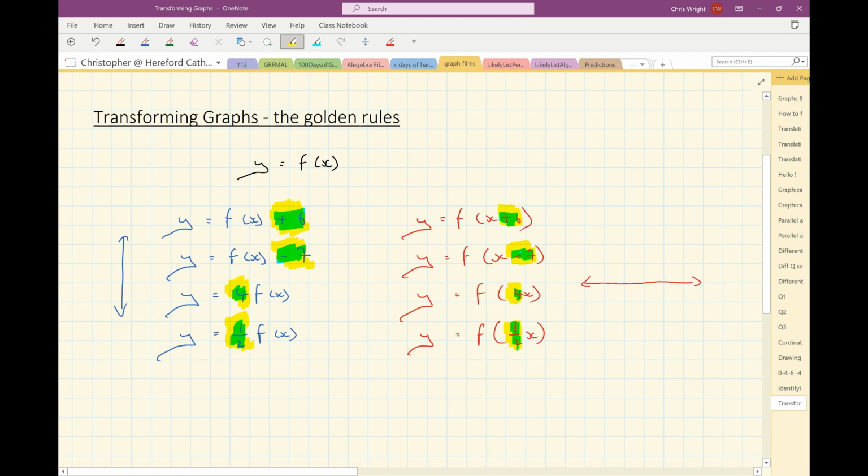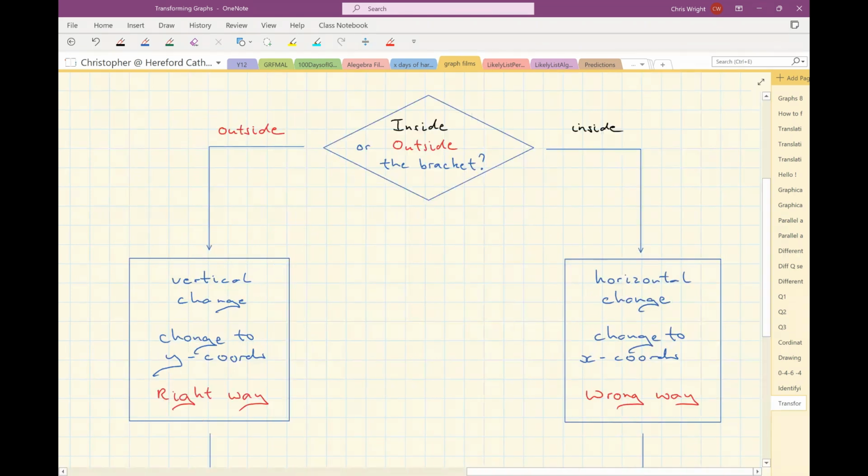So the first question you have to ask yourself is the change outside the bracket or inside the bracket? Outside the bracket, vertical change the right way. Inside the bracket, horizontal change the wrong way. So here is my flowchart, or the beginning of my flowchart, that sums that up. The first thing you need to ask yourself is the change inside or outside the bracket?